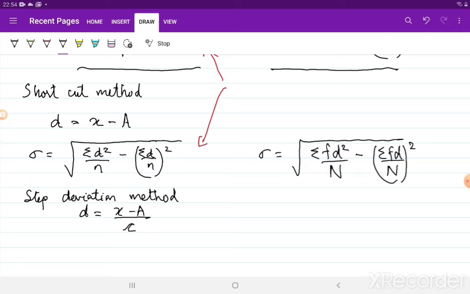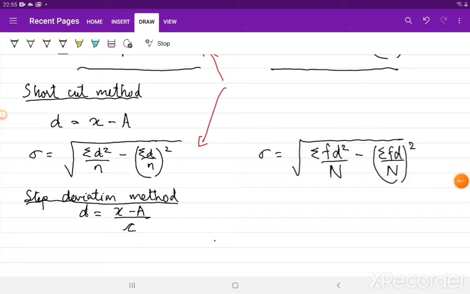And then you proceed to use the same two formulas as given above. So this is the step deviation method. In the shortcut method, it is simply x minus a. In the step deviation method, it's x minus a divided by c, where c is your size of the class interval.